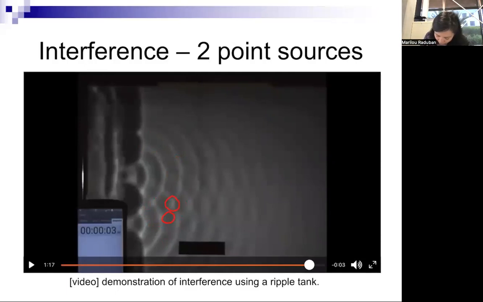But here you have the crest of this wave interfering with the trough of that wave, which gives you this darker point compared to this bright point here. So that's constructive interference, and this one shows you the destructive interference.